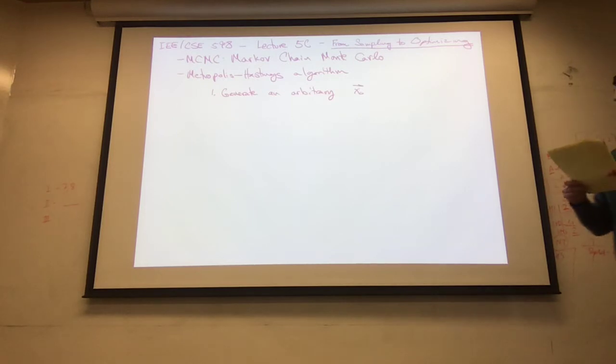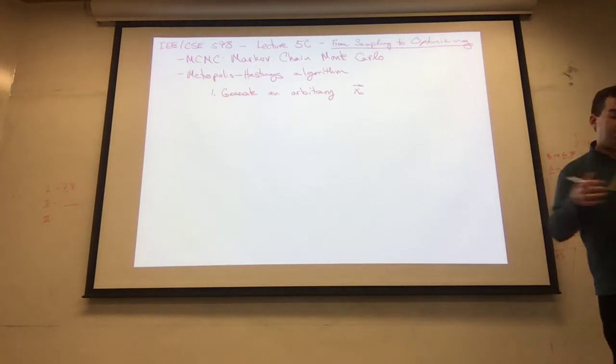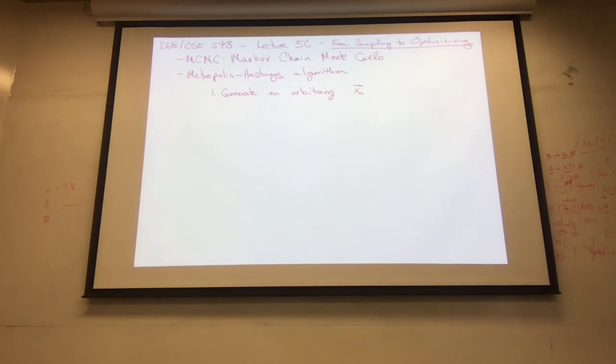And then you have some proposal density, G of y given x, which is often just whatever the initial x value is plus some zero mean Gaussian noise.